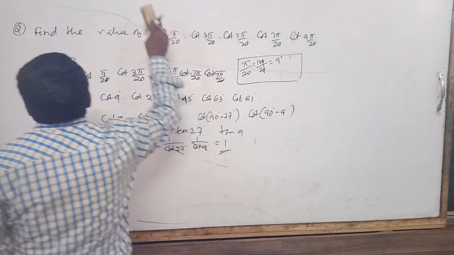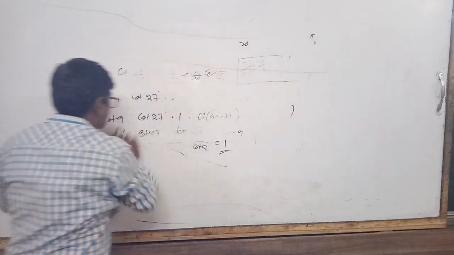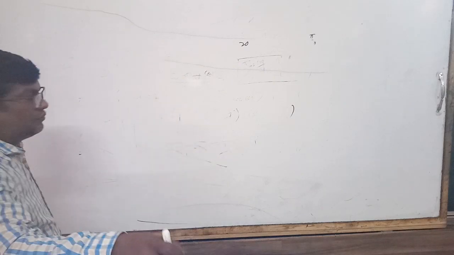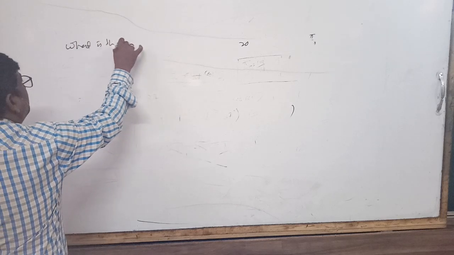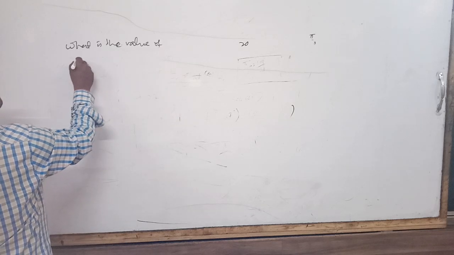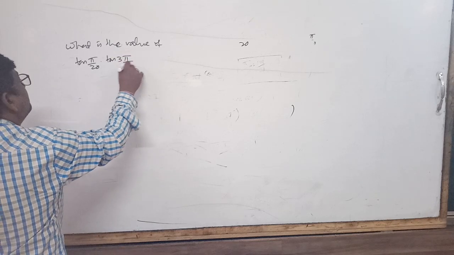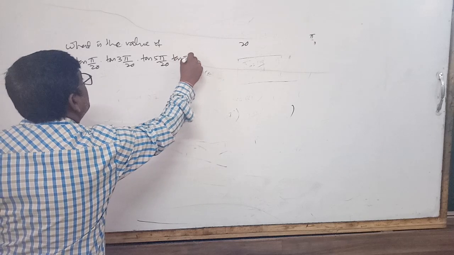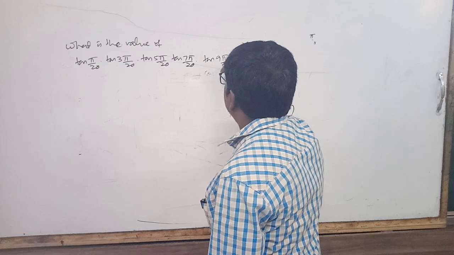what is the value of tan pi by 20, tan 3 pi by 20, tan 5 pi by 20, tan 7 pi by 20 into tan 9 pi by 20?